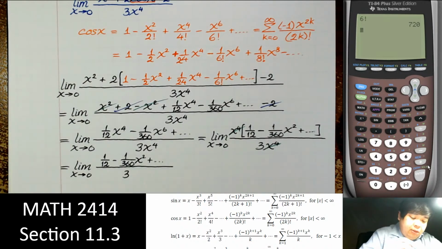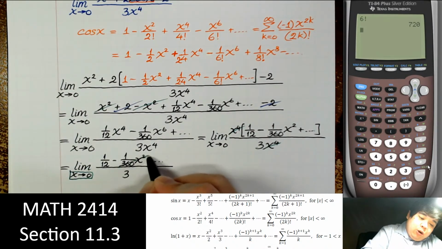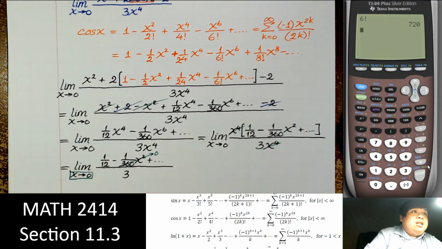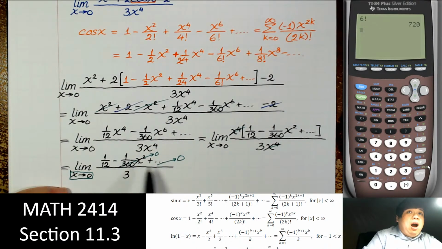Now, since x goes to 0, that one goes to 0 because it had x squared, right? So put 0 in here, that goes to 0, and everything after that will go to 0 as well, because the rest will have a power of x. When x equals 0, that term goes to 0.